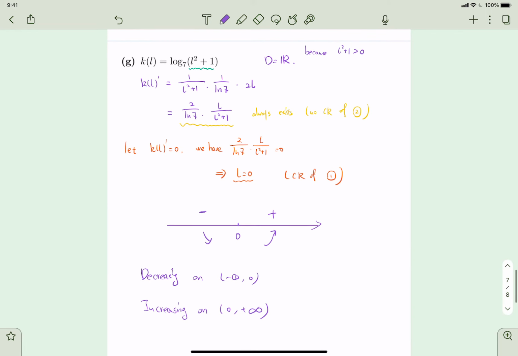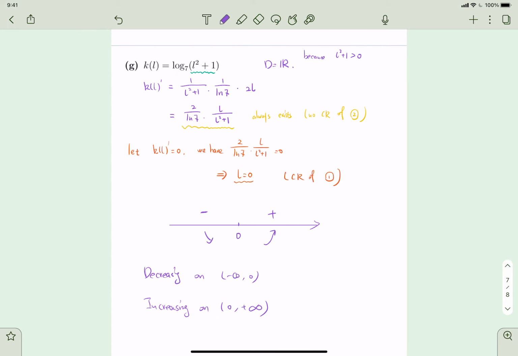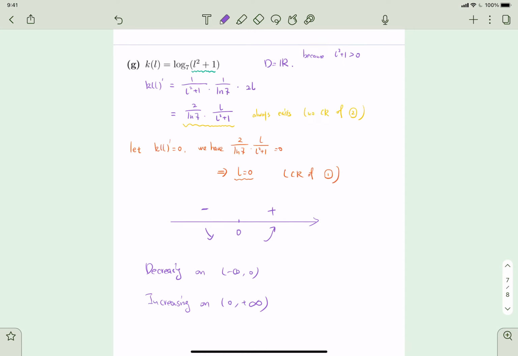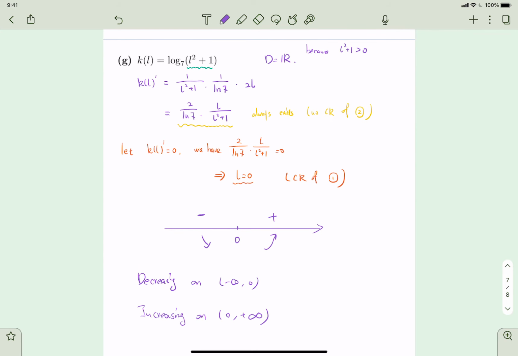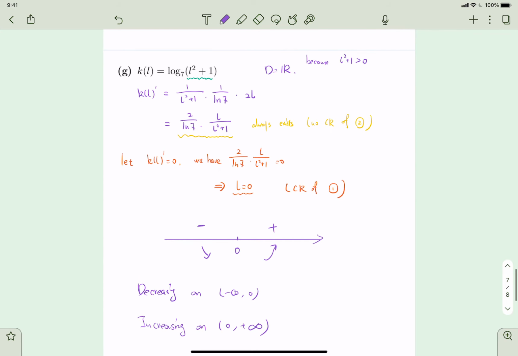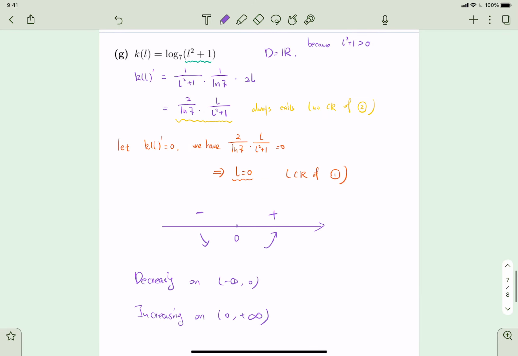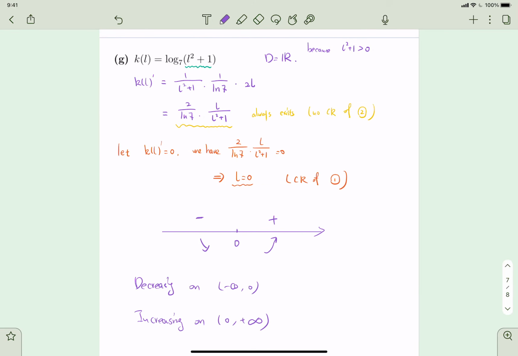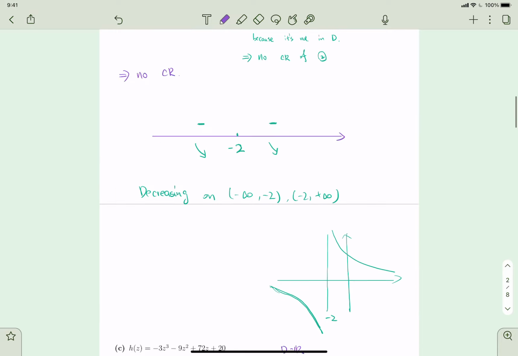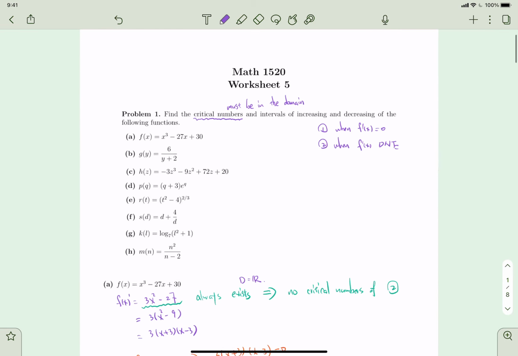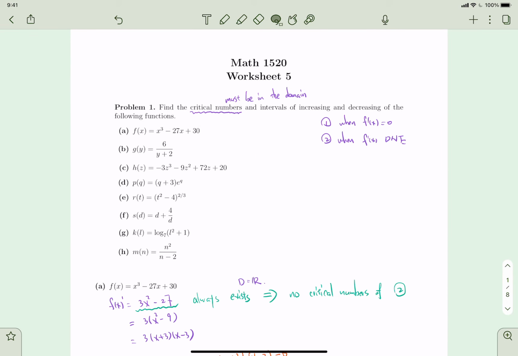Very simple, except the chain rule here, right? So that is our question G. That should be obvious. Now the last one has this one here.